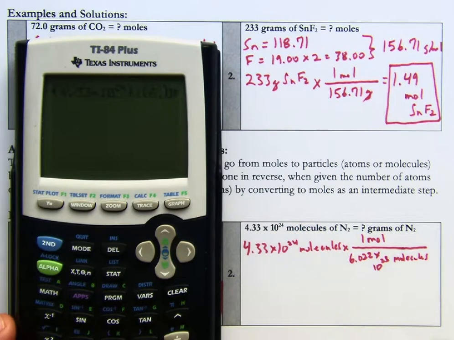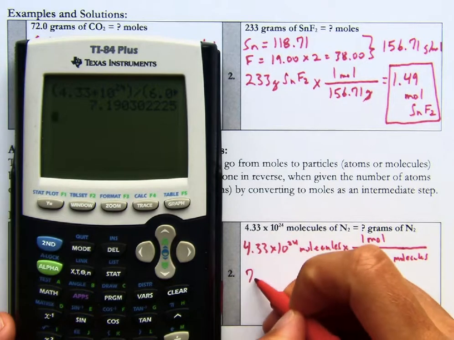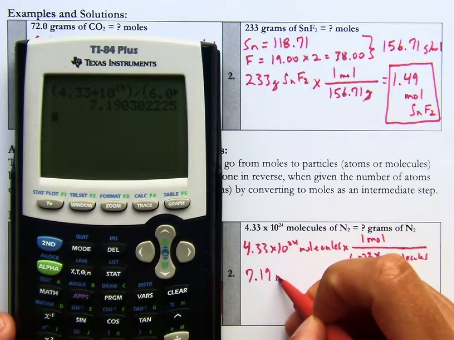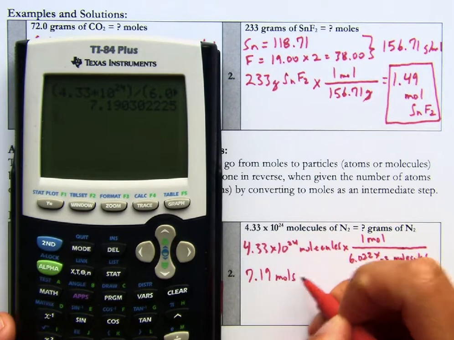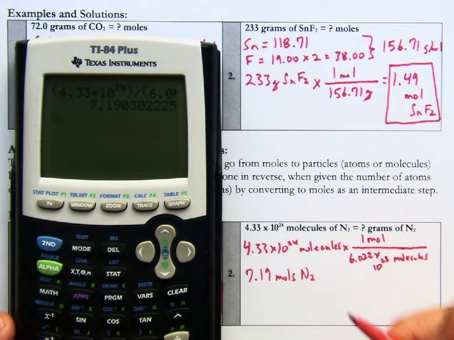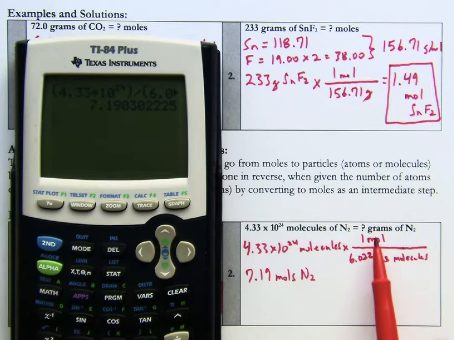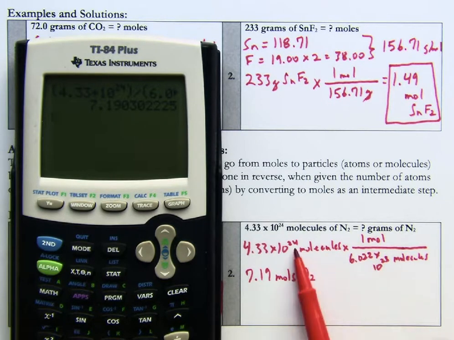And we get 7.19 moles of N2. So by taking the number of molecules that we have and dividing it by Avogadro's number, we get how many moles it is, because this is how many molecules are in 1 mole. So if you take this and divide it by this, you get how many moles you have.